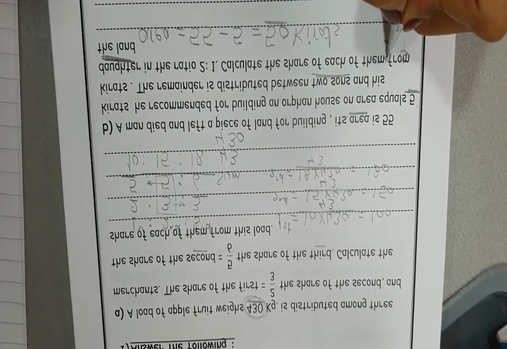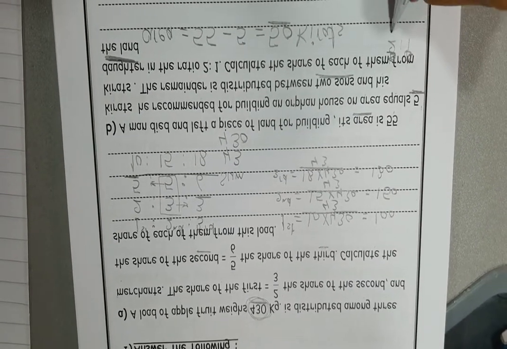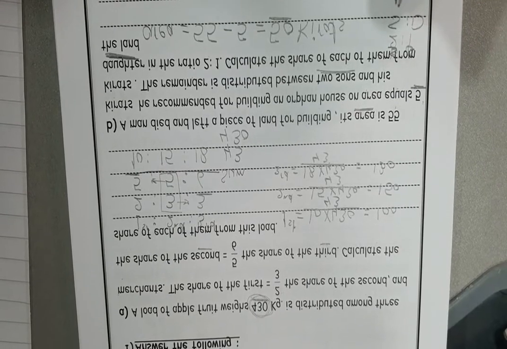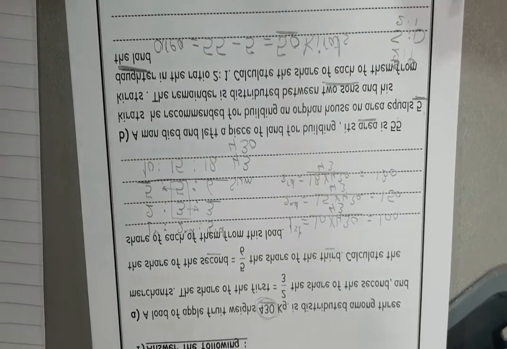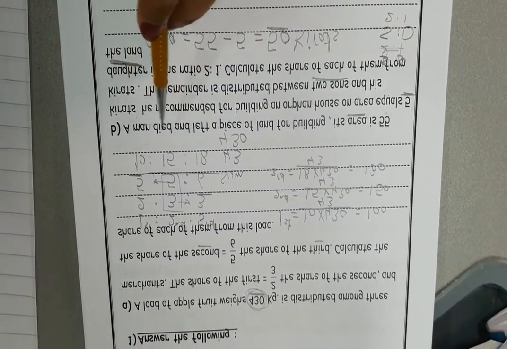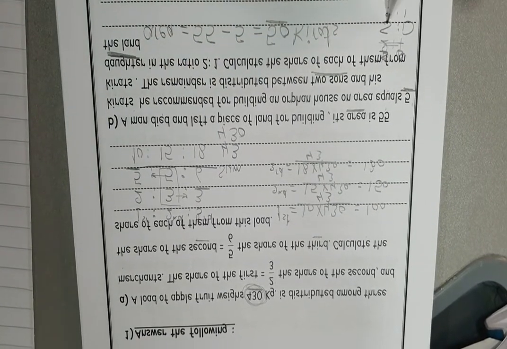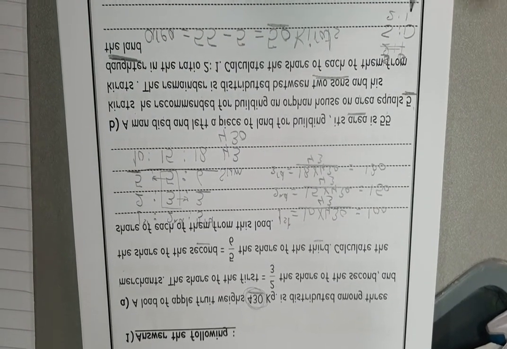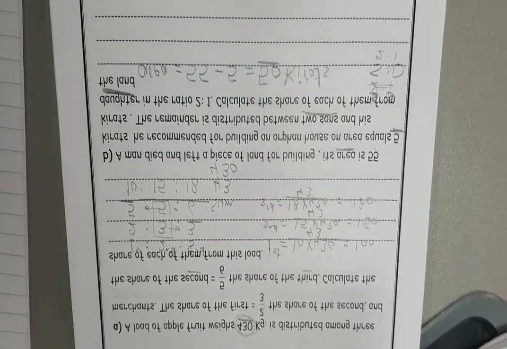I will write son and daughter, 2 to 1. Every time when I have a man who died, I will write son to daughter, 2 to 1. Okay.